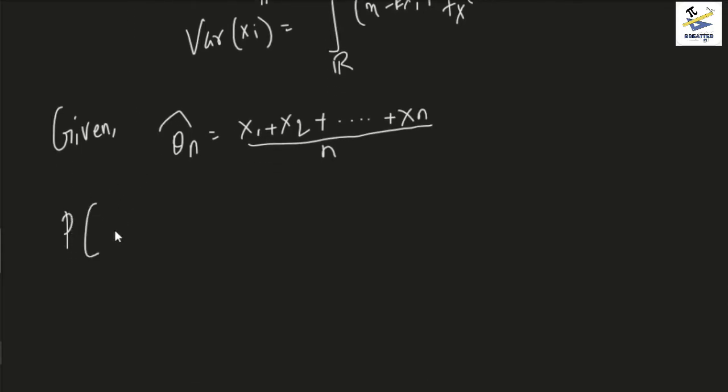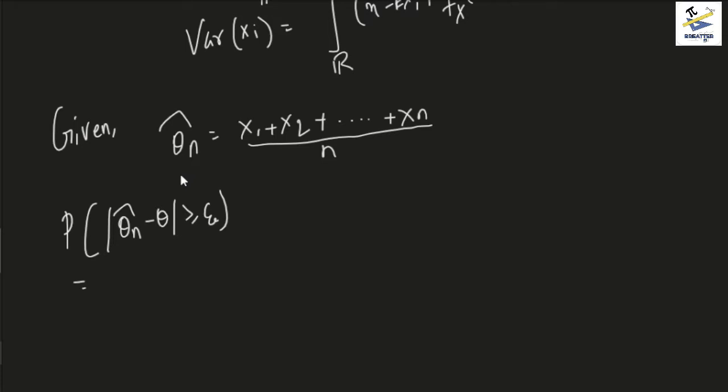So therefore we need to show the following. The probability that the absolute value of theta n cap minus theta is greater than or equal to epsilon is equal to... What we see here is that they have a common PDF and can be treated as equals, right?